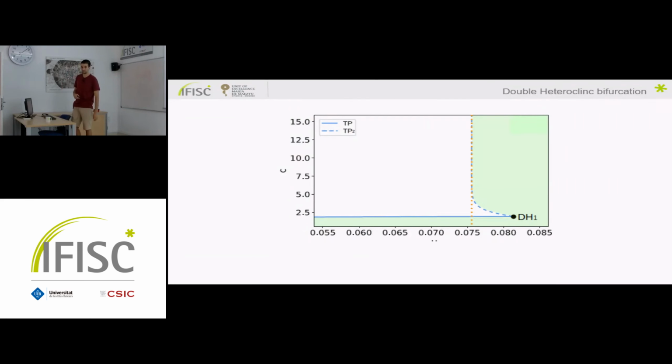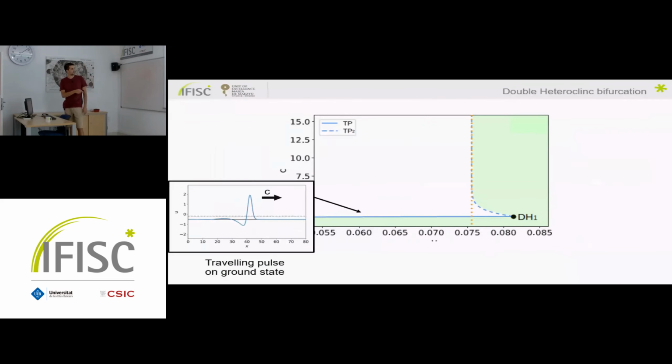Here, what I'm plotting is the velocity as a function of mu, which for some reason is cut here. But well, this is a control parameter. What we have in this solid line is the traveling pulse on the ground state. That is the excitable pulses that we find in our system.